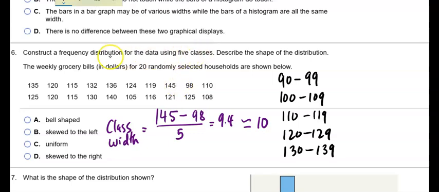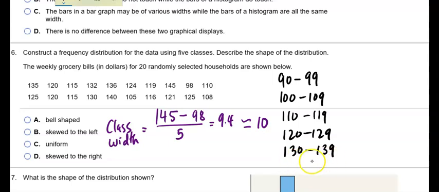Again, to determine if the data is skewed right, skewed left, or symmetric, it doesn't matter whether you use 5 classes or 6 classes. You pretty much get the same type of distribution. Luckily I got 6 classes.